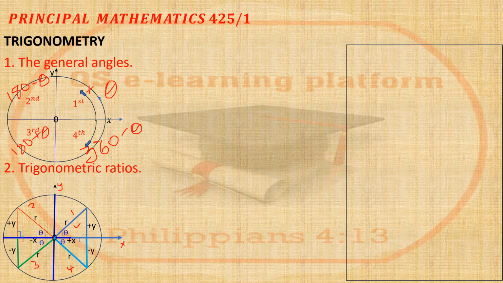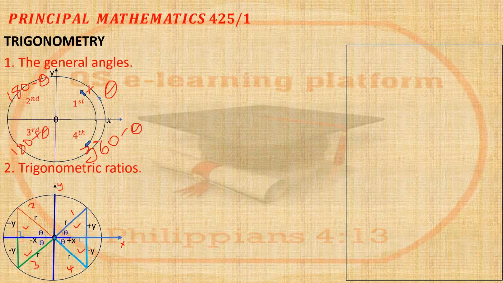The second is in the red lines. The third is in green, and then the fourth is in light blue. Now you get to realize that in the 4 quadrants I have 4 right-angled triangles.